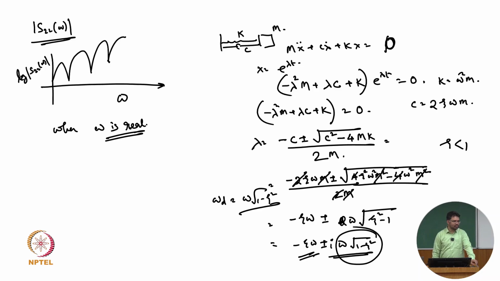This is the decay term, e to the power of minus xi omega t. The response gets decayed with this term. Makes sense? So here we assumed the solution as e to the power lambda t. So that's your omega.